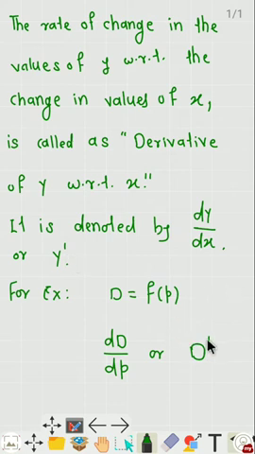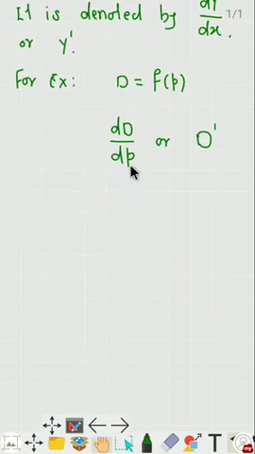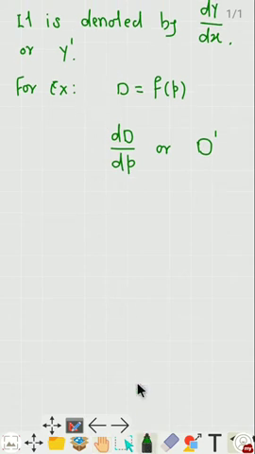So D dash is the derivative of D with respect to p. This is our example 1.